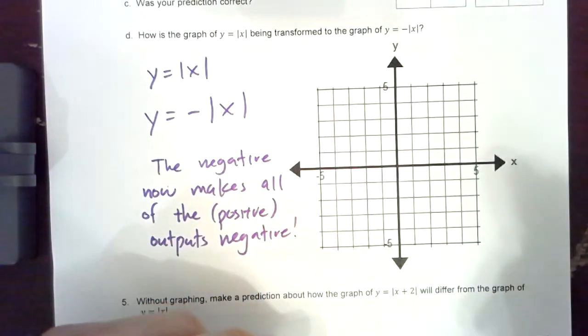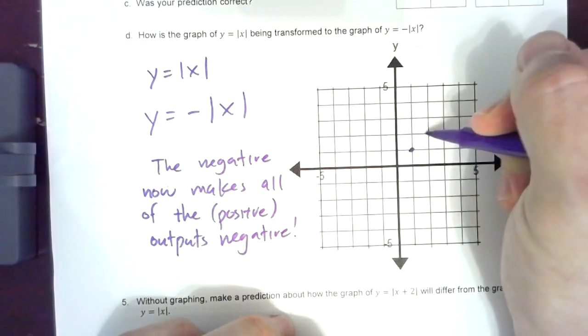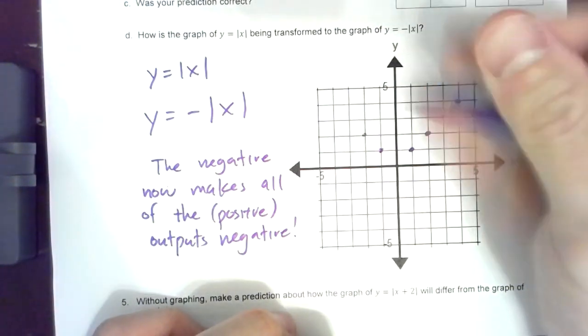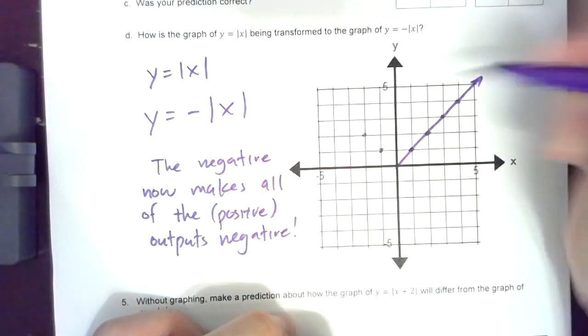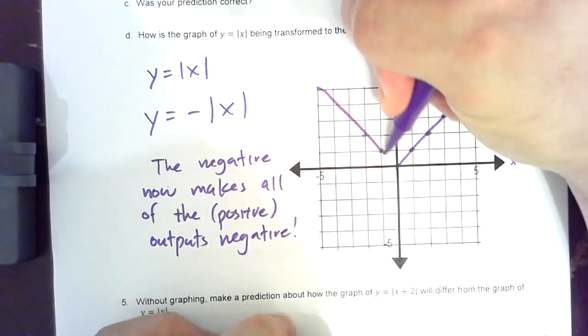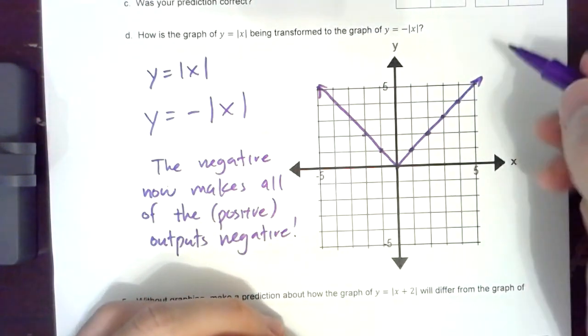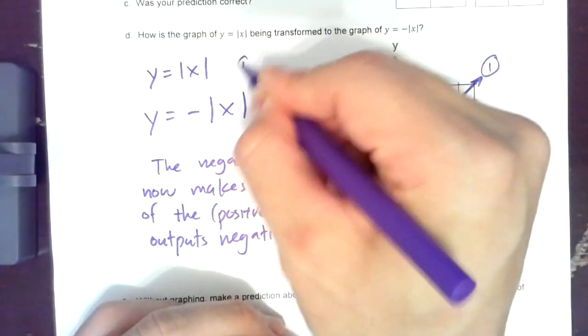Okay, so let's say the original was y equals absolute value of x, which is like this, that V shape that we're used to seeing. Well, what if I attach a negative in front? Let's call this equation 1.